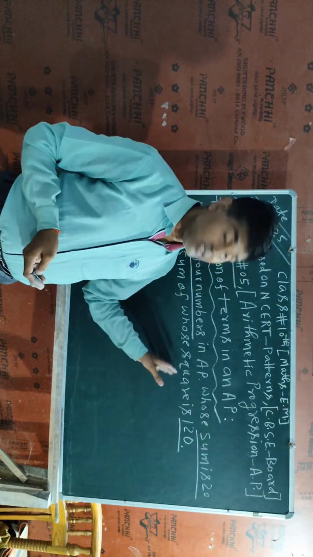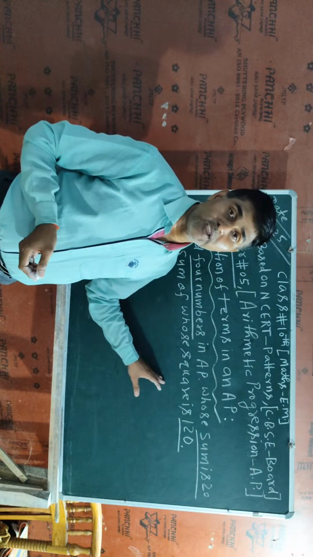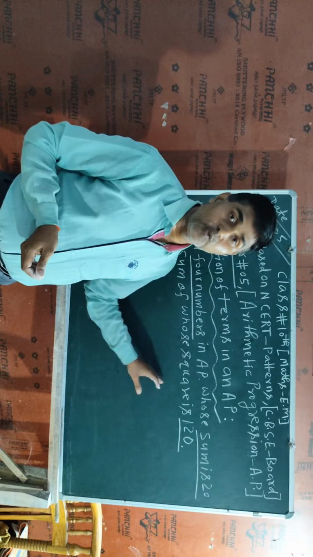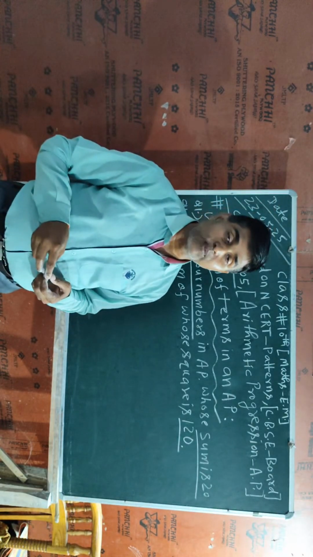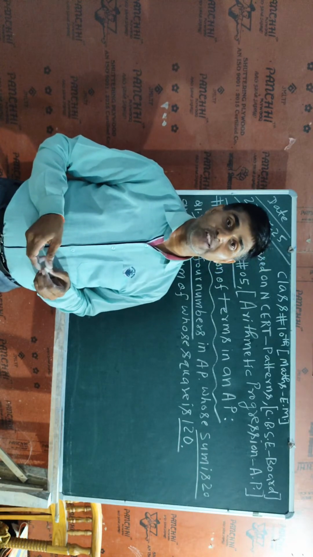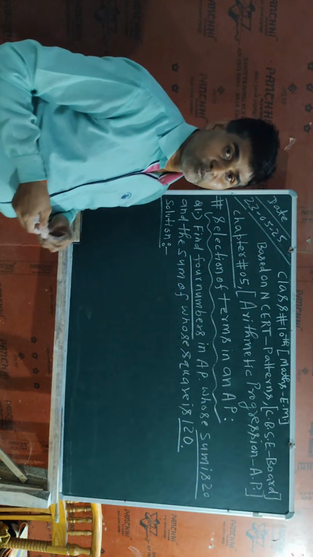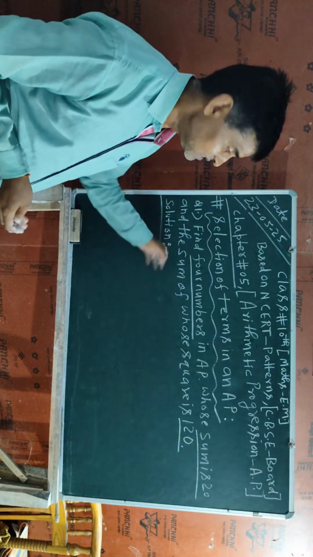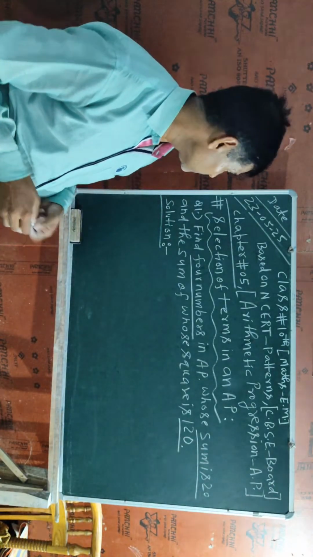So here I will have two equations and two variables. With the help of these, we will solve, and after solving we will get the values of a and d. Then I will substitute them in the four terms of the arithmetic progression. After getting the values, I will say these are the four terms, which is the requirement of the question.